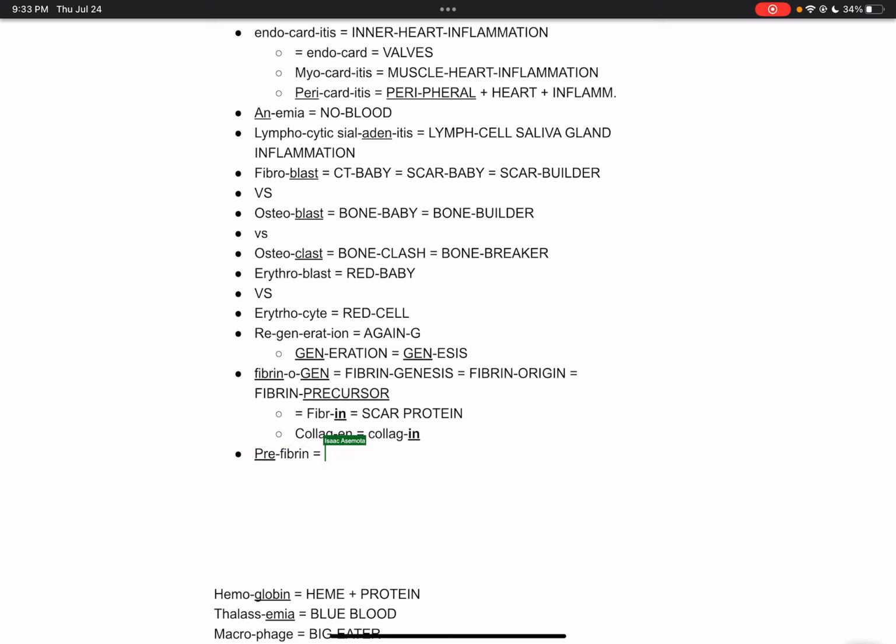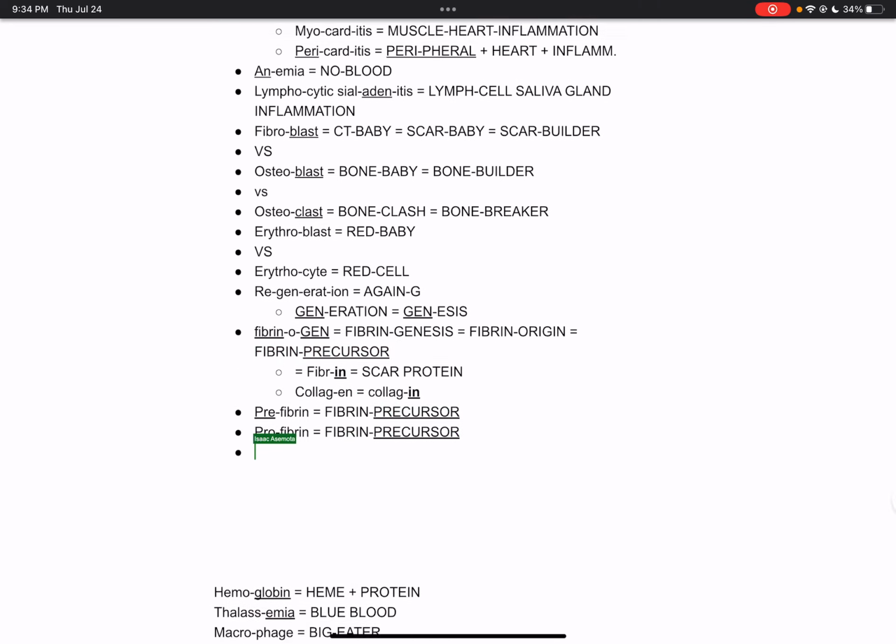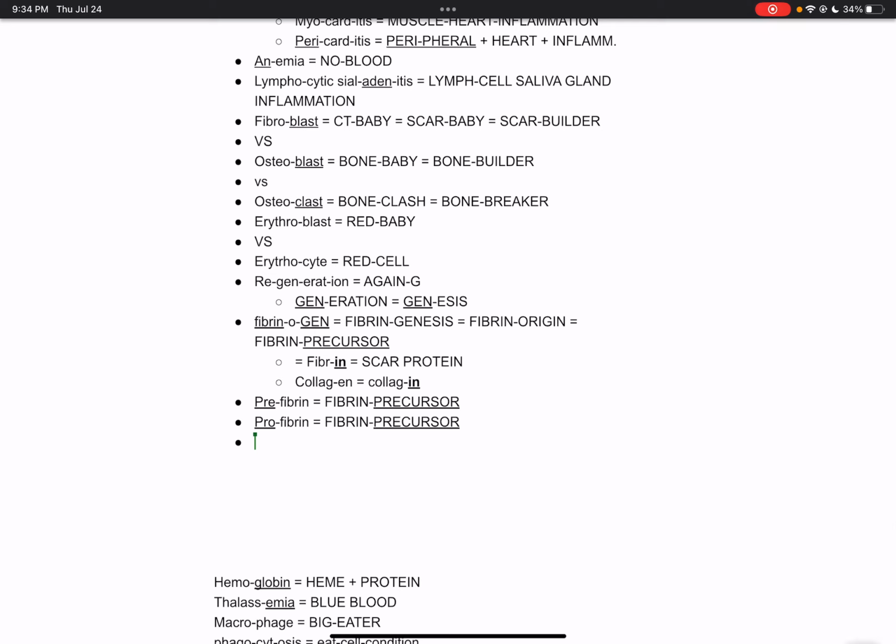That means fibrin precursor. It means the exact same thing as fibrinogen. So sometimes they'll say pre, sometimes they'll say pro, and sometimes they will say gen. They're all the exact same thing. It's just different grammar of saying it, and different words will use different versions of that, but it means the same thing. It means precursor.